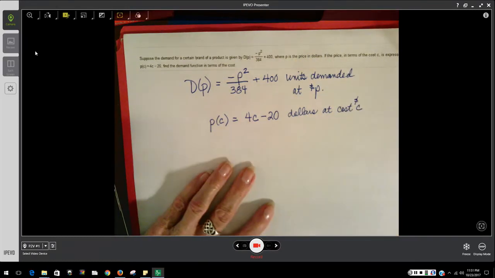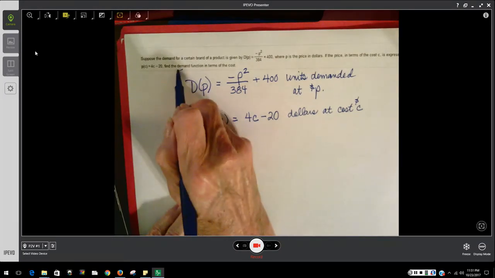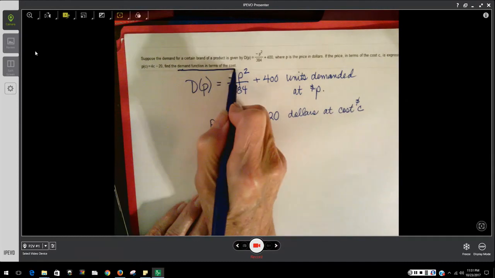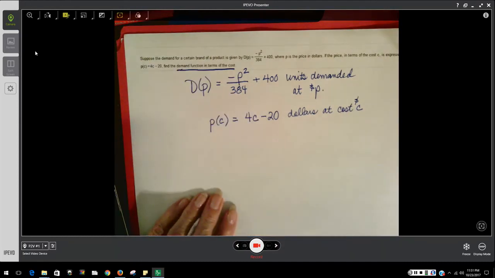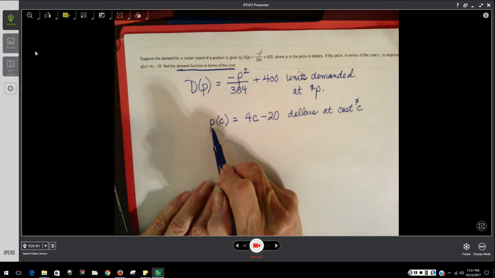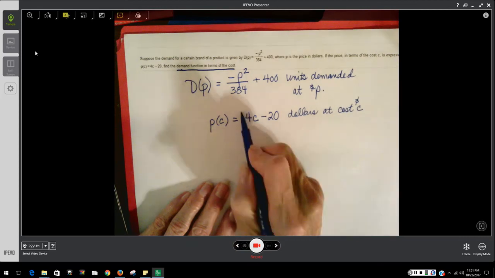And the cost is going to be C dollars. And what it wants us to do is to find the demand function in terms of the cost. Now, this is not actually a calculus problem. This is actually a composition of functions problem. So what they actually want us to do is, this is the formula for P.